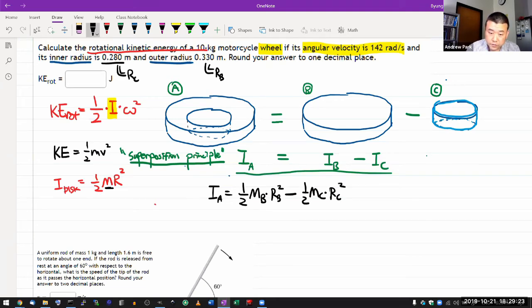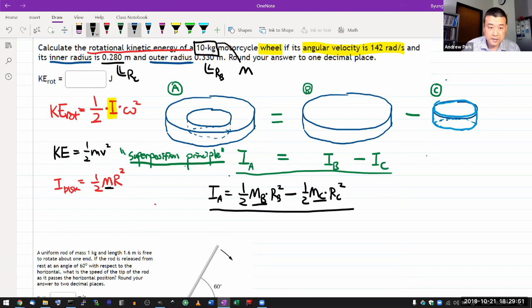So when you look at this expression, you don't quite have all the information, because the question gives you the mass of the entire wheel, let me call this M, but you have it in terms of MB and MC. So you kind of need a couple more expressions that relate those quantities.